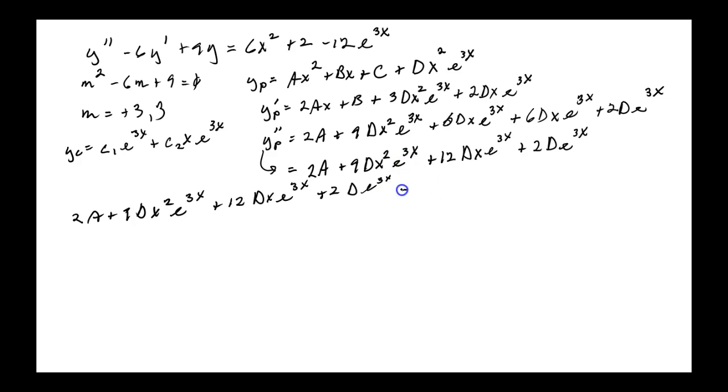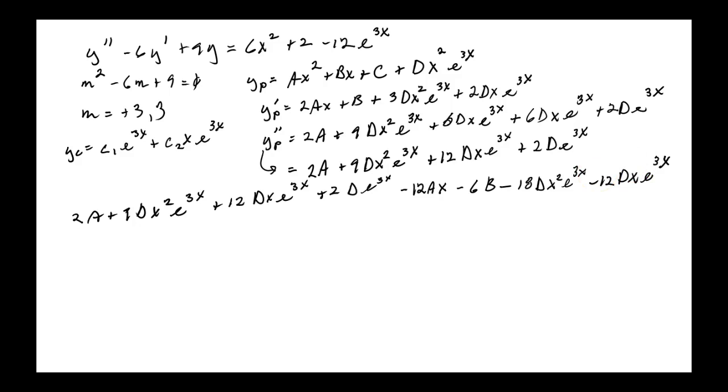It's minus 12ax, right, minus 6b, right, minus 18dx squared e to the 3x, minus 12dx e to the 3x, e to the 3x. Okay? Well, that just gets to that.